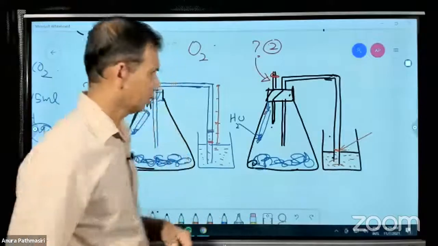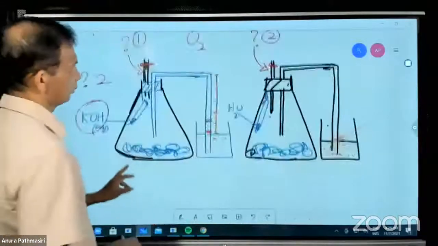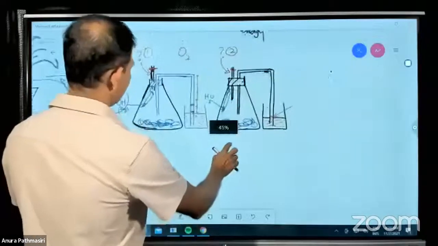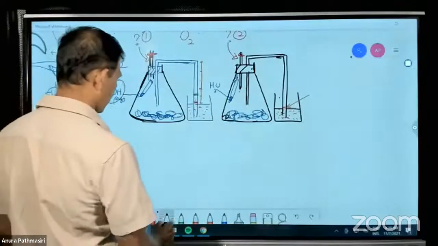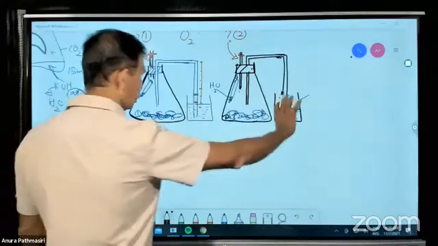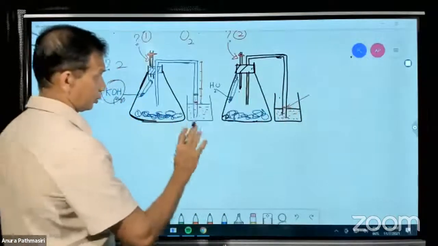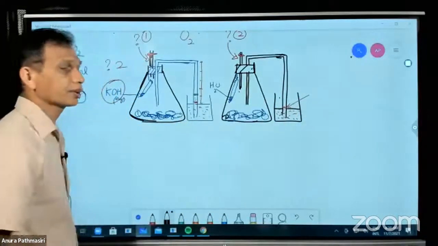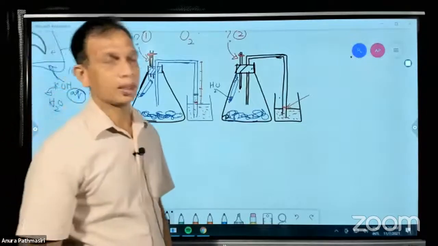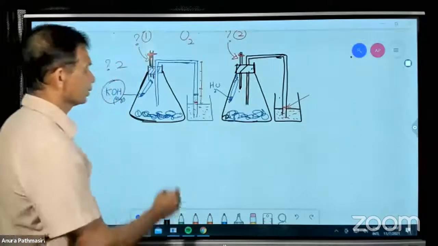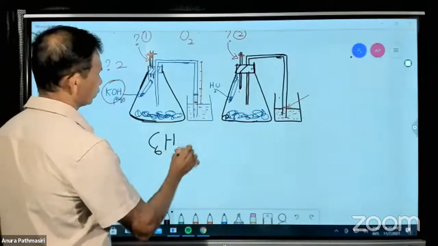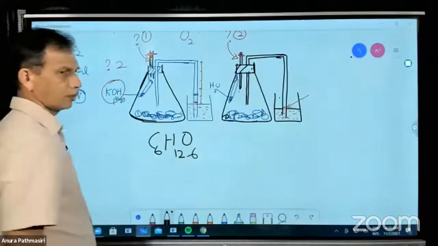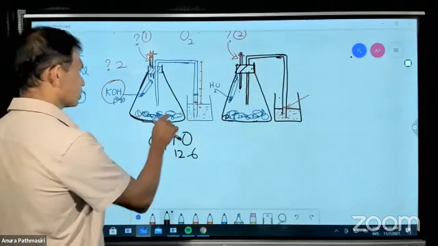Why is that? You know that the reason is the experiment, the cellular respiration. Aerobic respiration takes place like this: C6H12O6, very well taken by the seed.